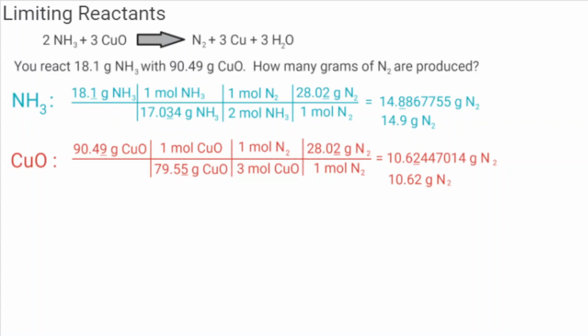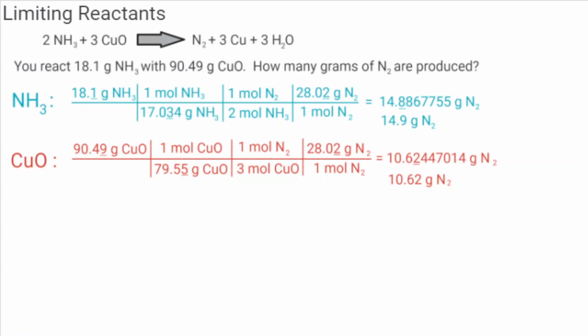Now we need to determine which one is the correct answer. Well, if we stuck with the ammonia, we'd be able to make up to 14.9 grams of N2. If we stuck with the copper oxide, we'd be able to make 10.62 grams of nitrogen gas.